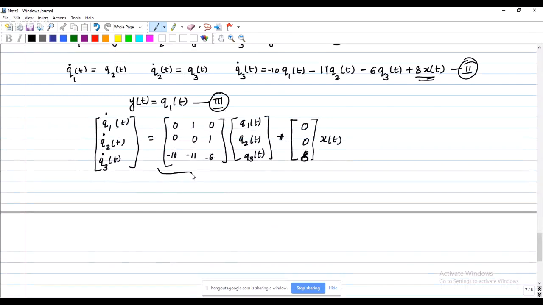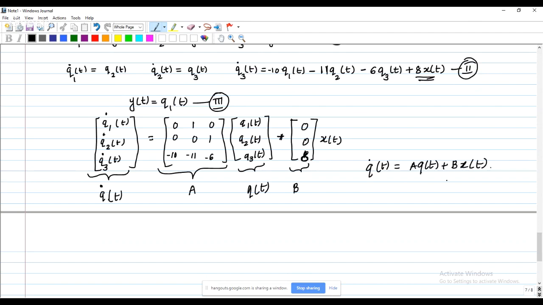So this is my A matrix, this is my B matrix, this is my q dot (t) matrix, and this is my Q(t). That is how we have reached q dot (t) equal to A Q(t) plus B x(t). We have reached that point using this differential equation.